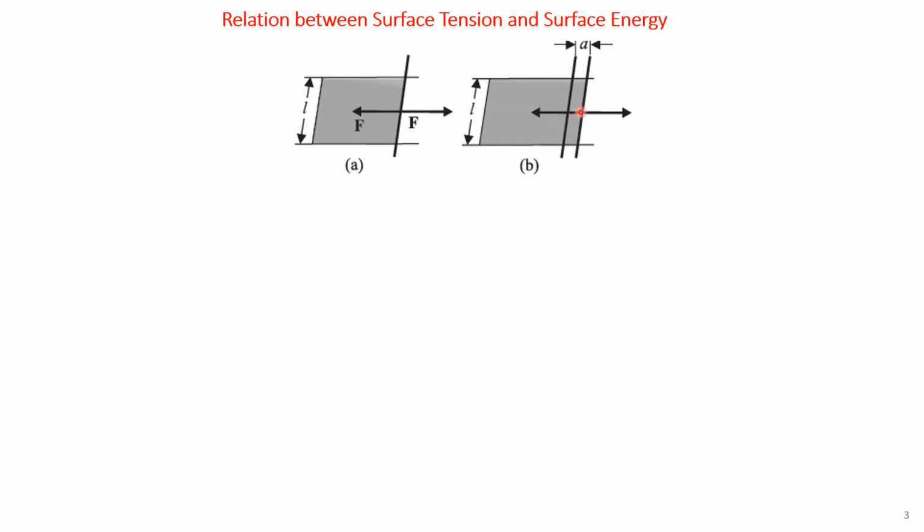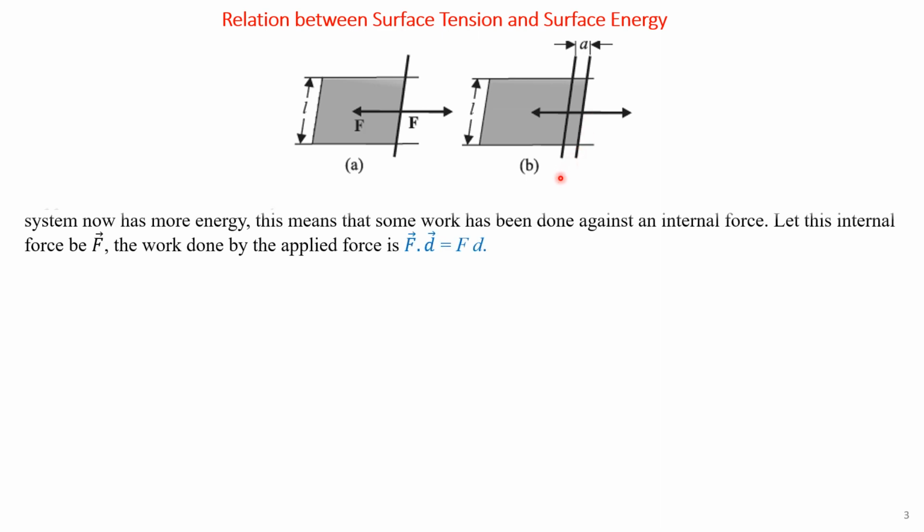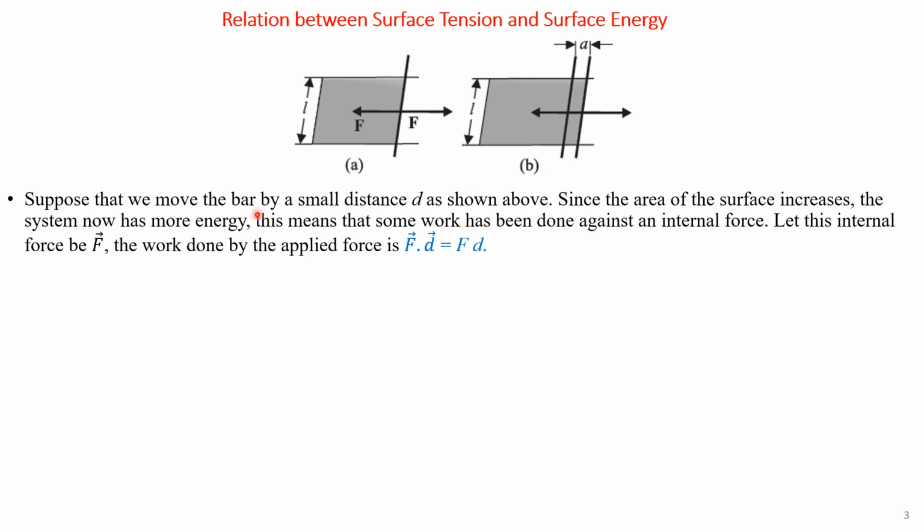Here, when you stretch the bar, it is stretched to an extra length d as shown in the figure. Suppose that we move the bar by a small distance d, and since the area of the surface increases, the system now has more energy.